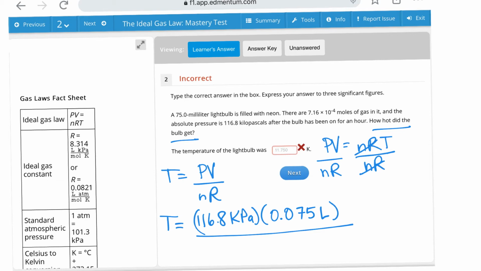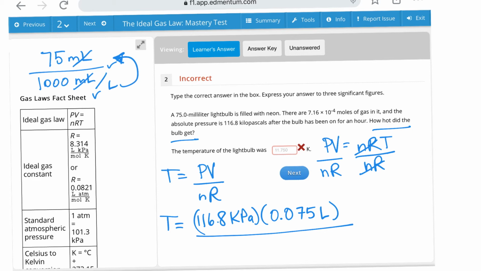So if I was to write that down, 75 milliliters divided by 1,000 milliliters per liter. My milliliters cancel, and liters comes back to the top, leaving me 0.075 liters.